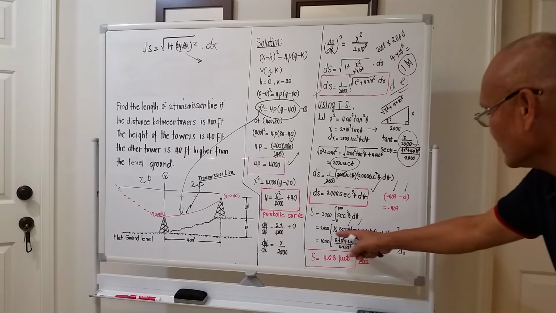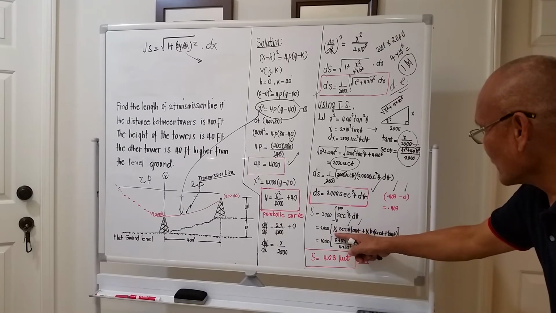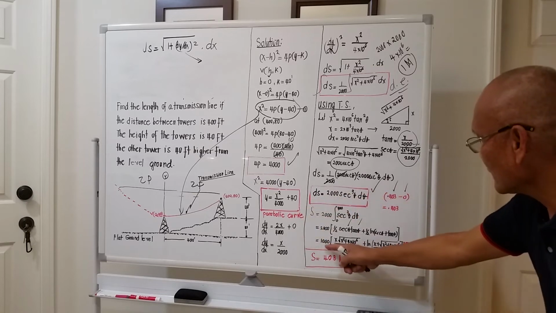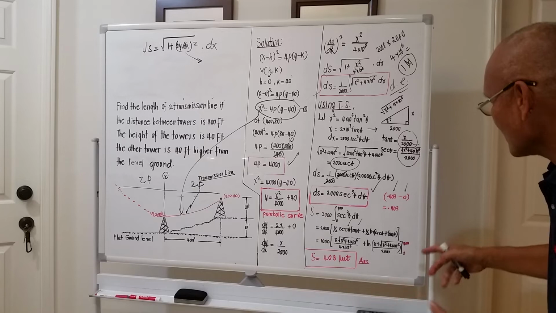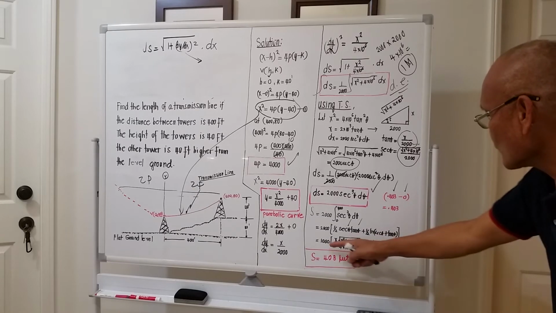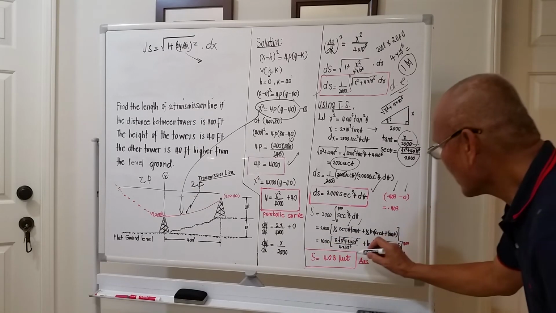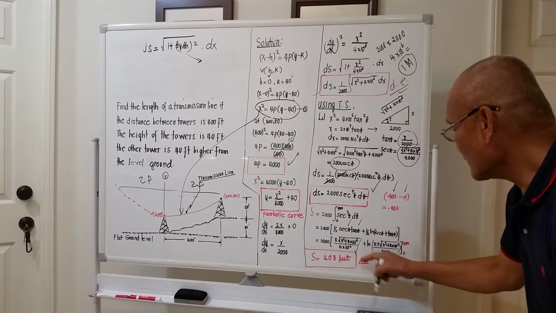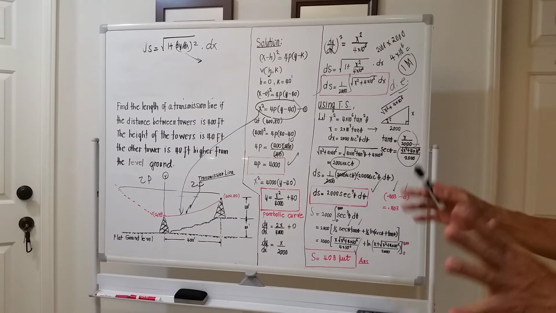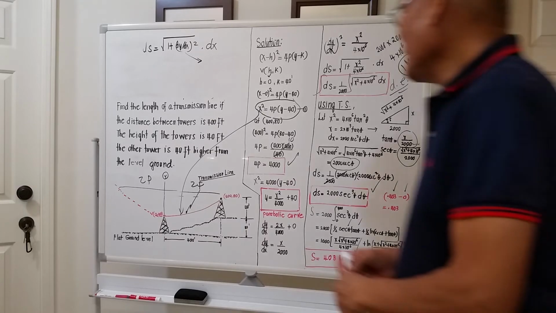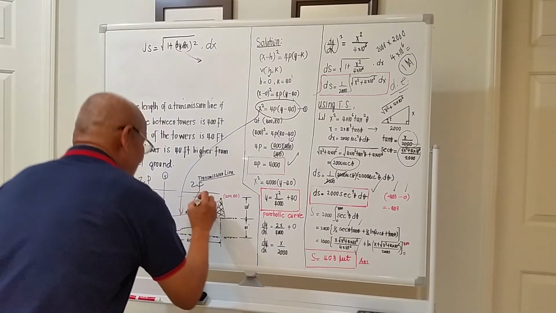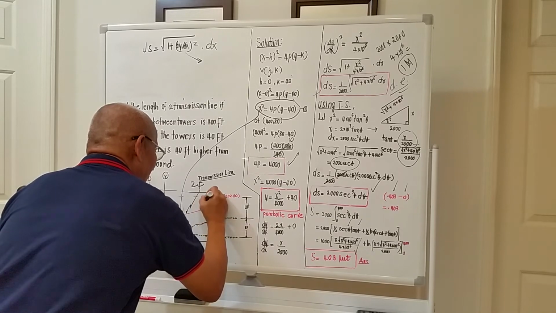This is 2,000, okay. This is 1/2, this 1/2, I bring it out, so it becomes 1,000 times the equivalent of this one. What comes out is 0.403 times 1,000, and the total length of the cable is 403 feet. Theoretically. Okay? So the total length of the cable here is 403 feet.